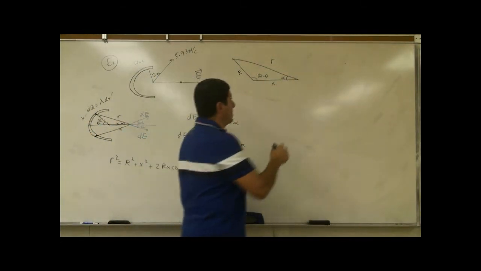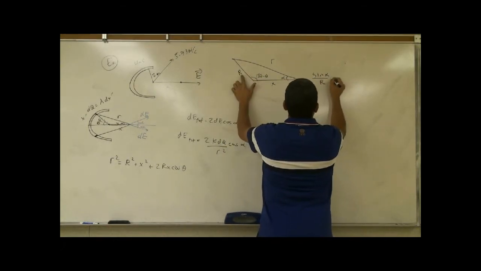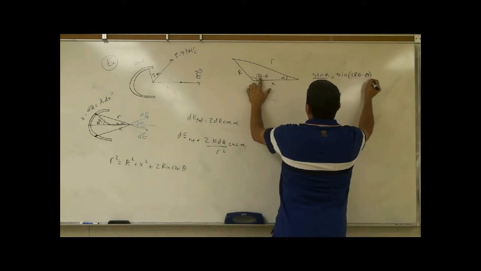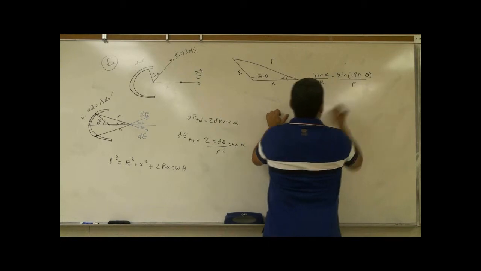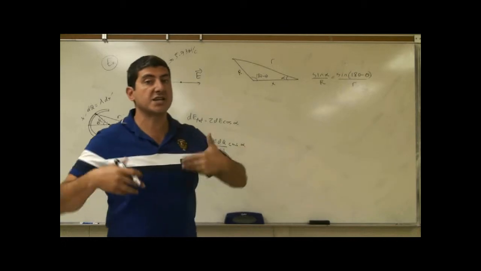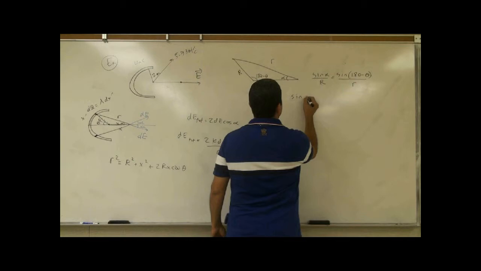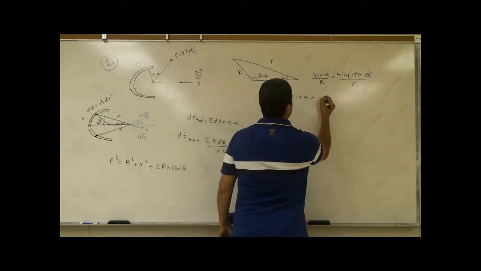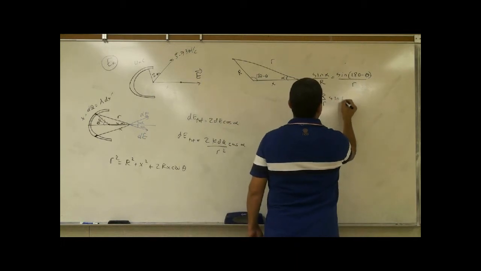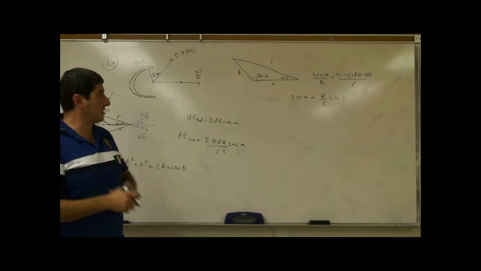So we're going to say sine of alpha over R is equal to sine of 180 minus theta over that r, right? Now sine of 180 minus theta is the same thing as sine of theta, so we can just replace that. So we have sine of alpha, cross multiply, we have big R over little r, sine of theta. Right? So sine of alpha is big R over little r.